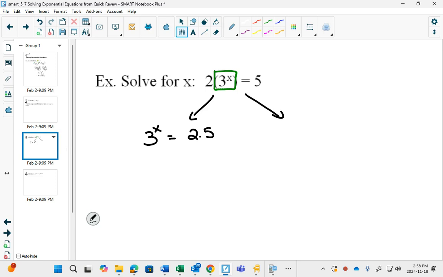If I divided both sides by 2, that would get that 3 to the x by itself. Okay? Then, I could take the log of both sides. Log of 3 to the x equals log of 2.5. This allows me to use my log law and bring it out in front.